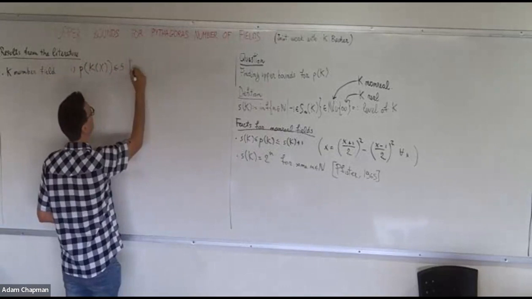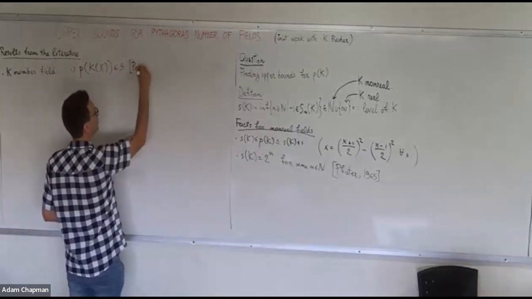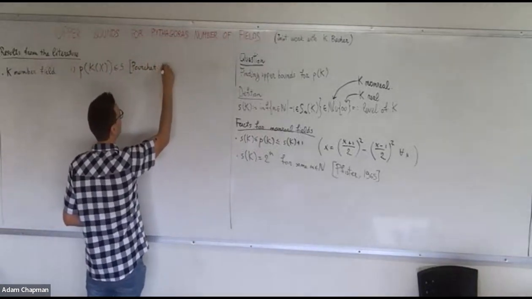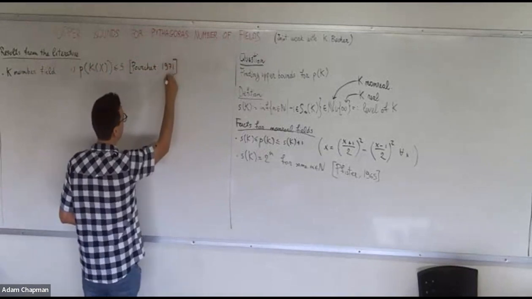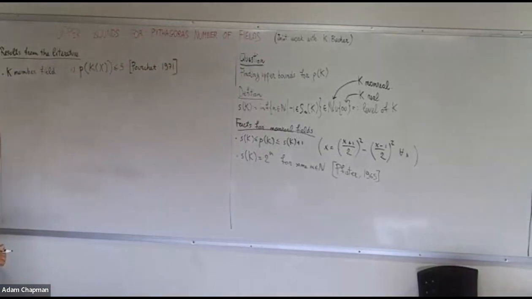So this was shown by Fouché in 1971. And already for such well-known fields, proving an upper bound is very difficult. So Fouché's result is very technical and long.